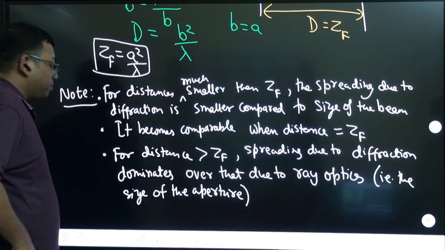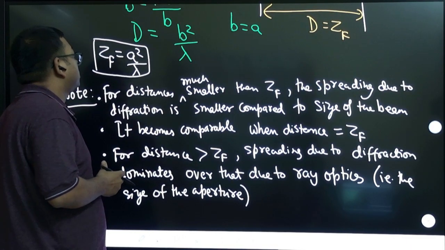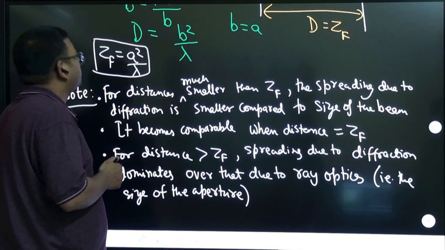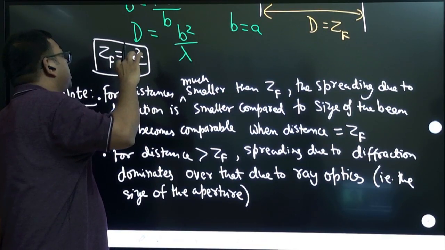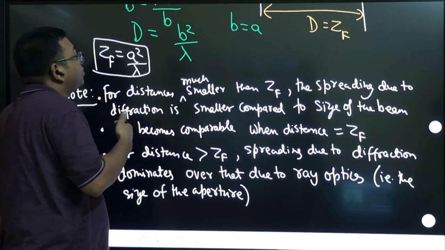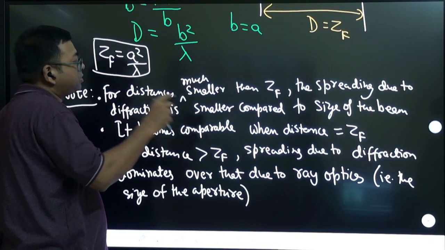Let's understand this more. Suppose you calculate the Fresnel distance. If the aperture size is very large compared to the wavelength, then this will come out very large. Suppose you got some value of ZF.